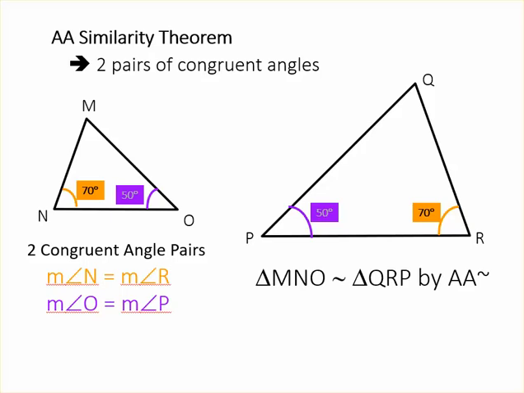So triangle MNO is similar to triangle QRP by angle-angle. Remember, just like with congruent triangles, when we name the triangles, we need to make sure that the equal parts are in the same spot. So we know that angle M and Q are equal. They're the first letter in both names.